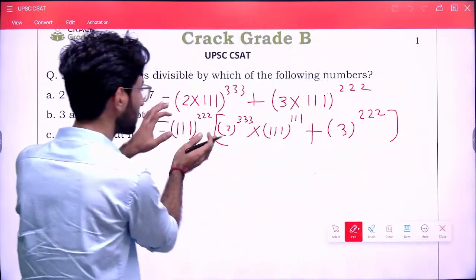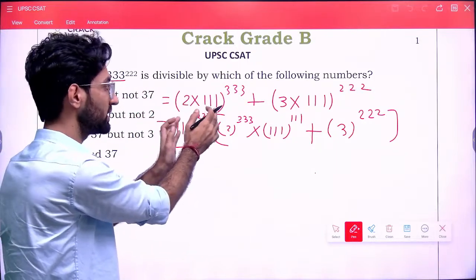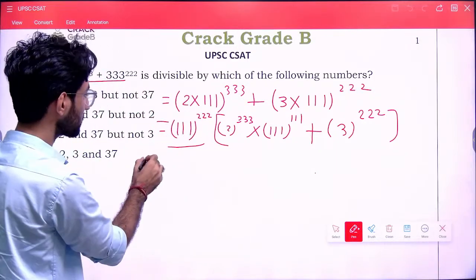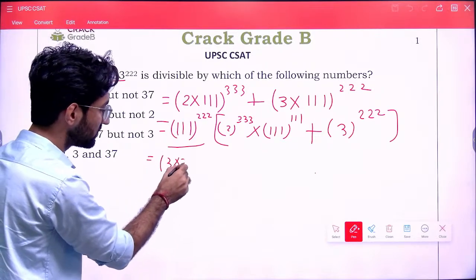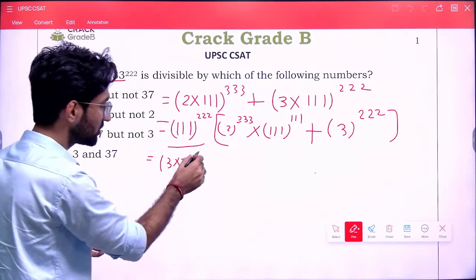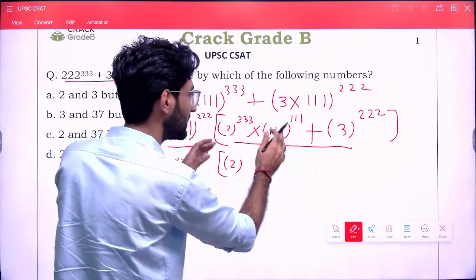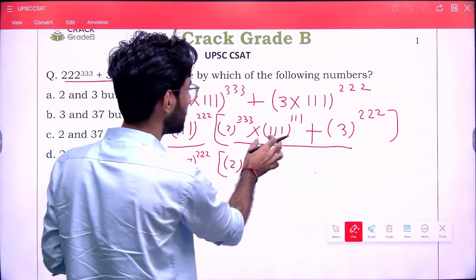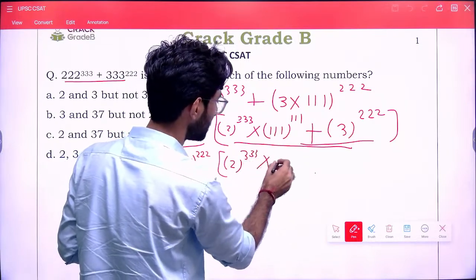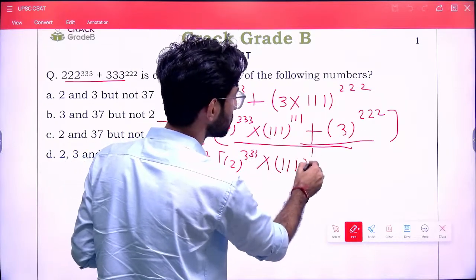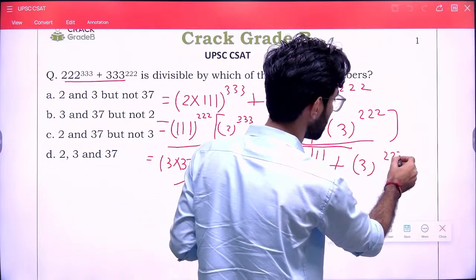Okay, are you getting this point? That we have taken 111 to the power 222 as common, right? We can write 111 as 3 into 37, right, to the power 222, and we can write this part as same as we have written above, 2 to the power 333 into 111 to the power 111 plus 3 to the power 222.